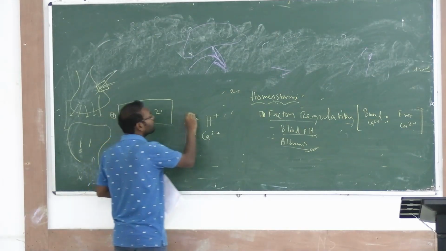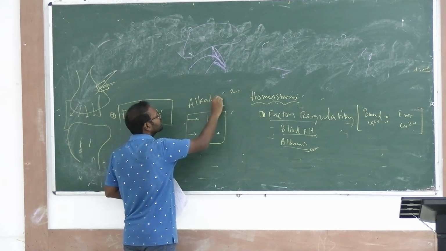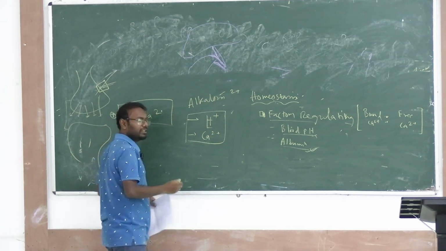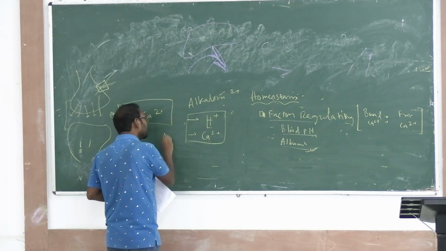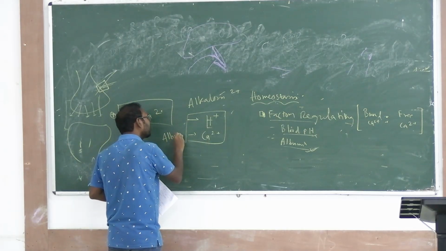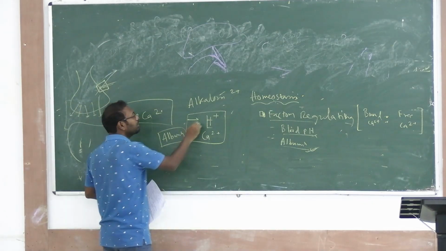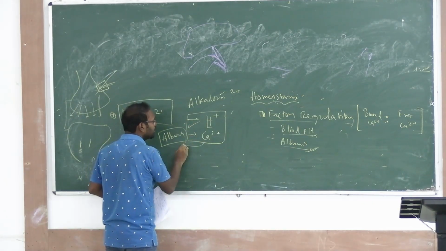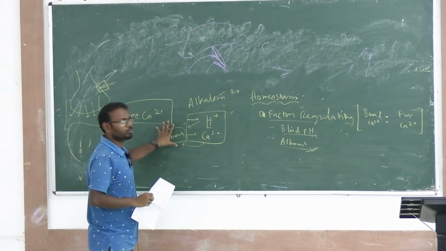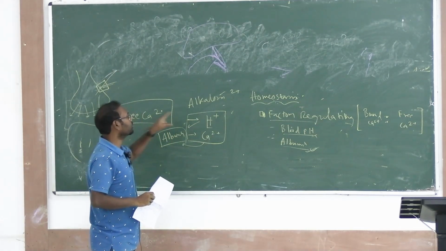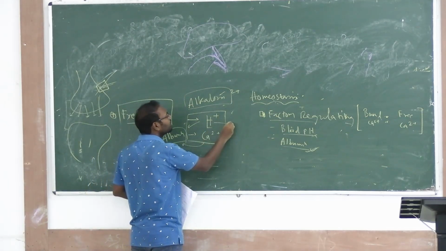So in case of any kind of alkalosis, this hydrogen ion and this calcium ion both of them are taken up by albumin. So H plus and calcium both competitively get attached to albumin. So in case of any kind of alkalosis, what does it mean? The H plus ions are less.